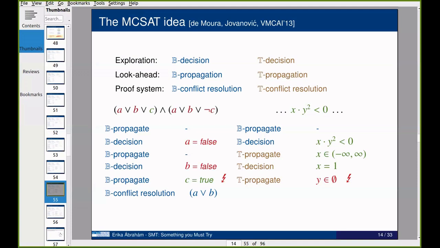And if you have a sharp look at the constraint, you recognize it was wrong because y squared is always non-negative in the reals. So if I want to make x times y squared negative, I must make x negative. And there is a method.